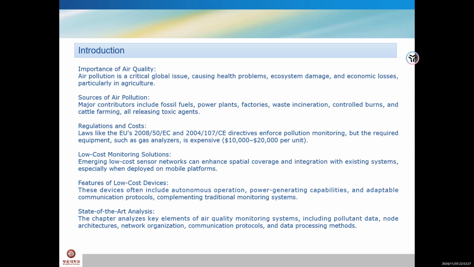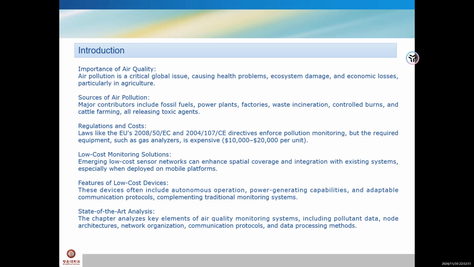Features of low-cost devices. These devices often include autonomous operation, power generating capabilities, and adaptable communication protocols, complementing traditional monitoring systems.